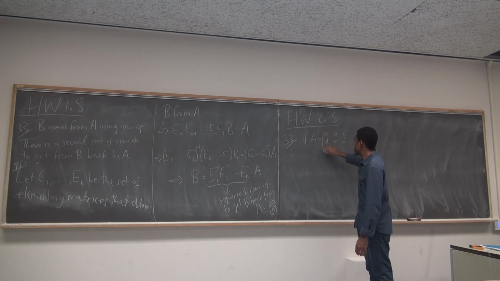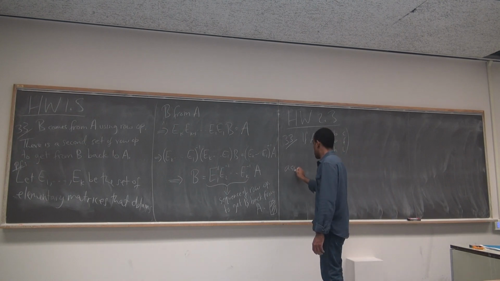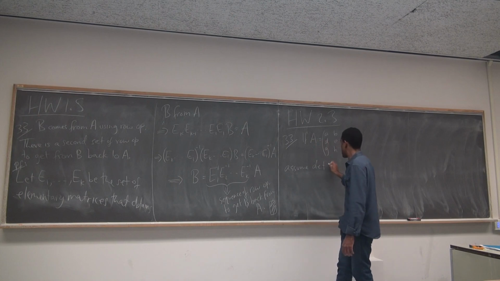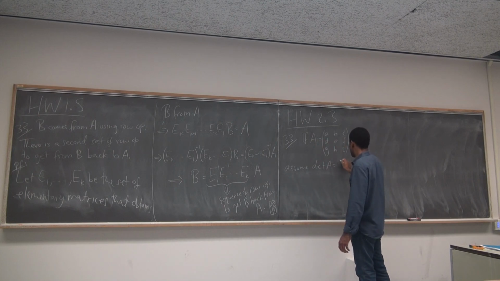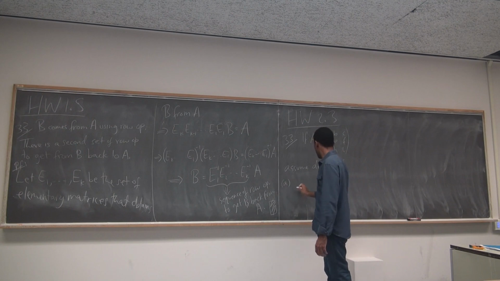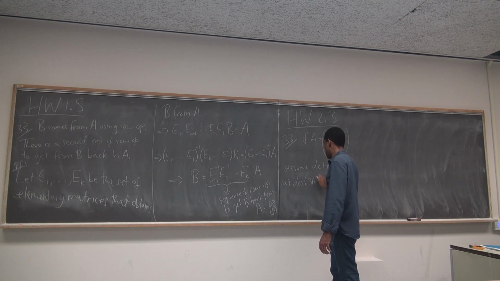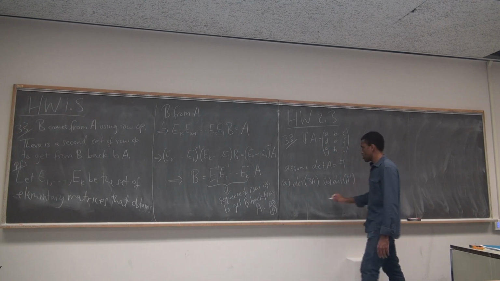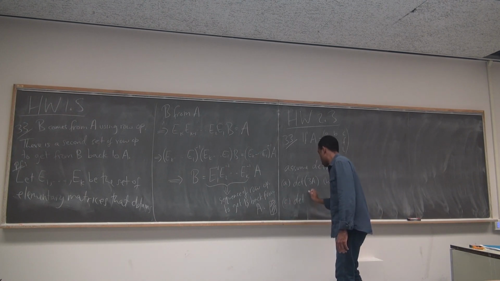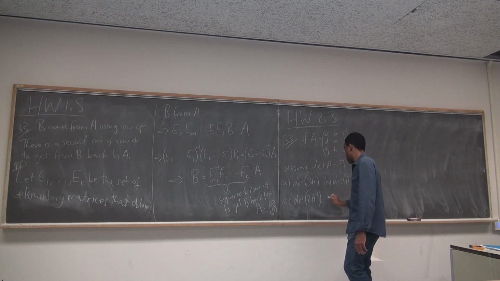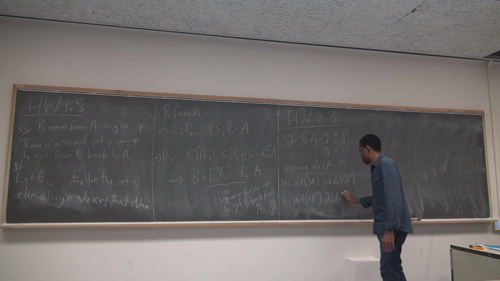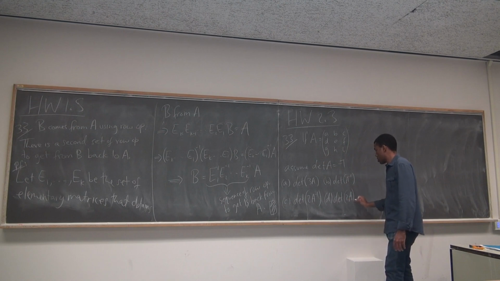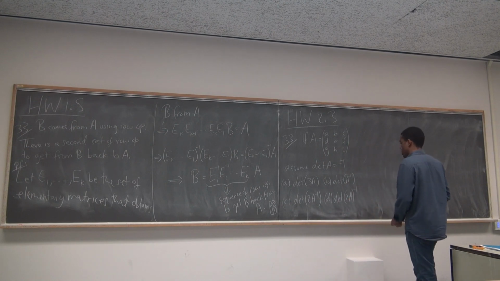Assuming the determinant of A is equal to -7, find the determinant of 3A, the determinant of A inverse, the determinant of 2A inverse, and the determinant of the inverse of 2A.